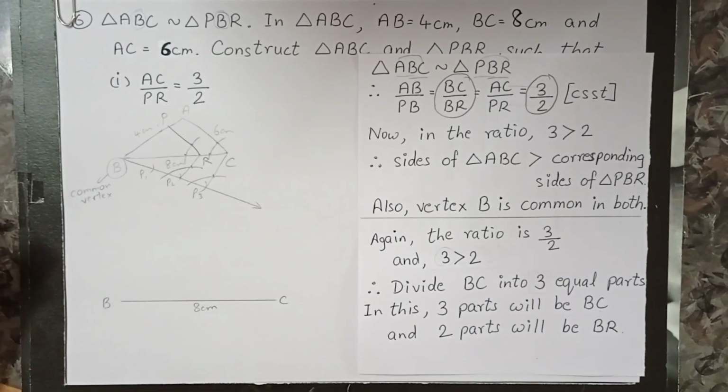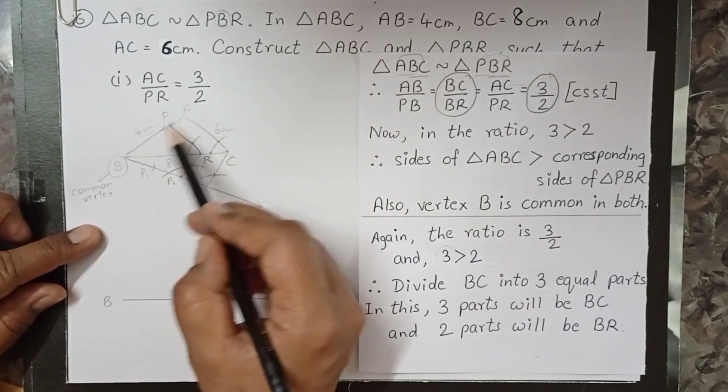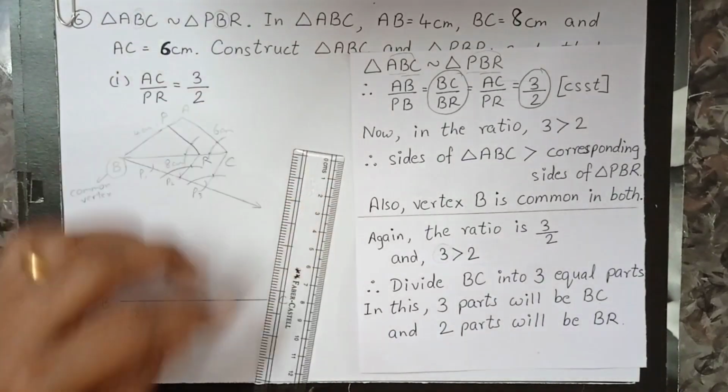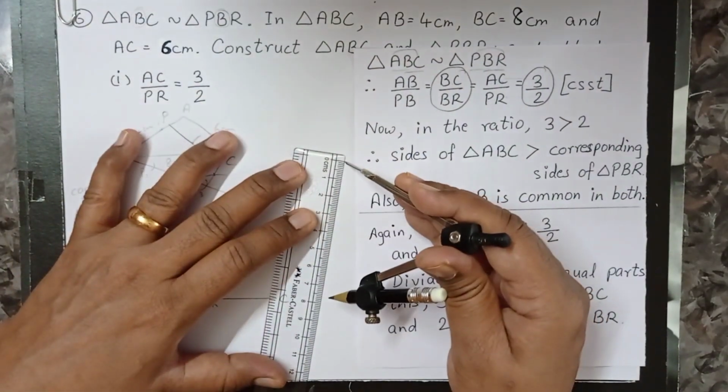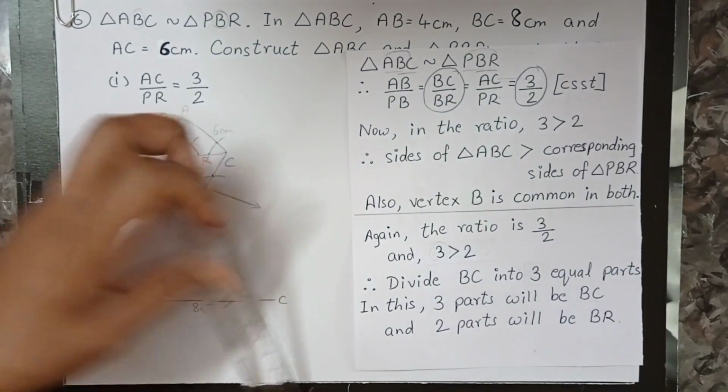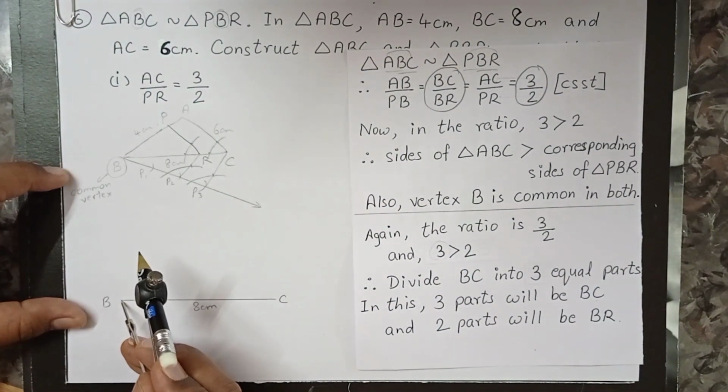Now you have AB equals to 4 centimeter. So take 4 centimeter on the compass. This is 4 centimeter, and using that measurement from point B, make a cut.